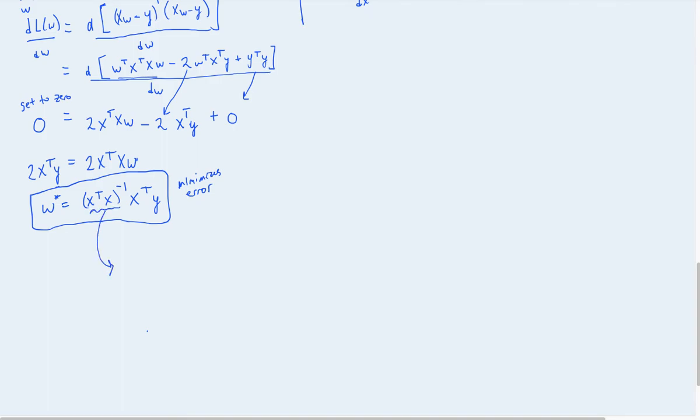One last note about this, and this is just worth noting. X transpose X might not be invertible in some cases. And we know a result from linear algebra that says this happens when X does not have full column rank.